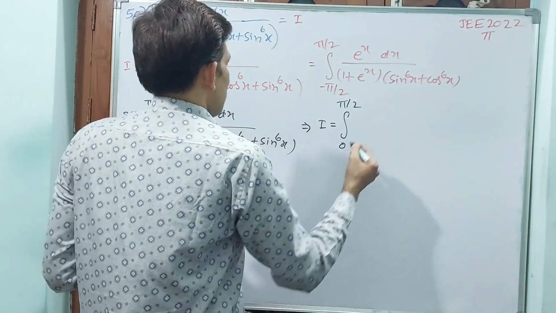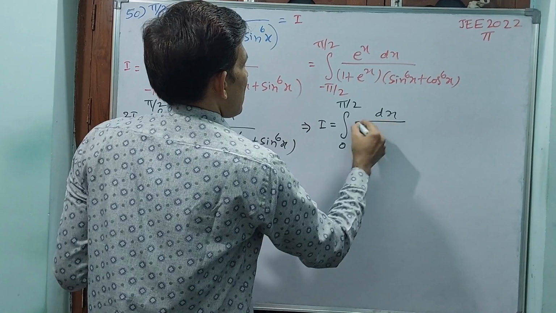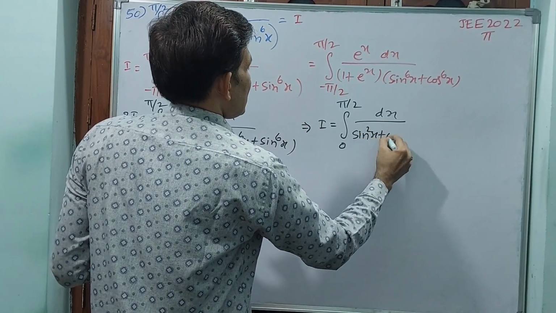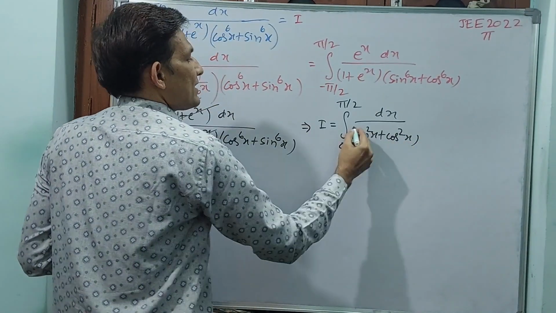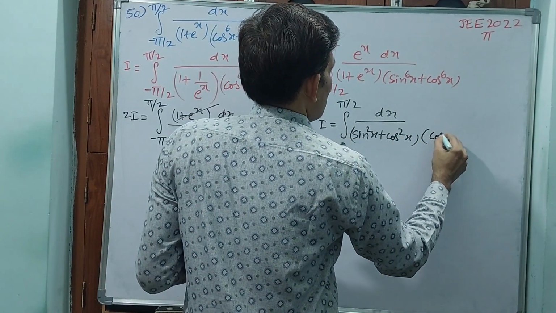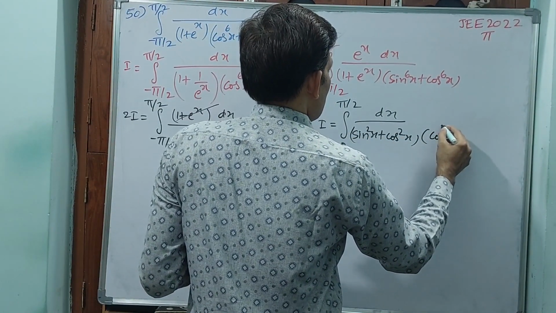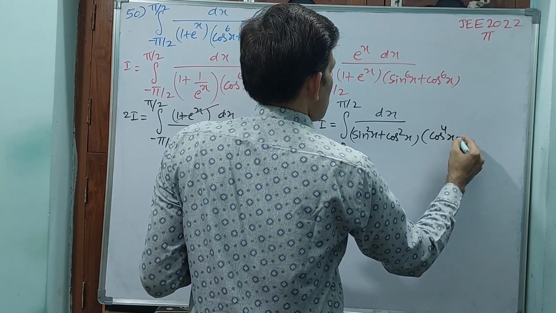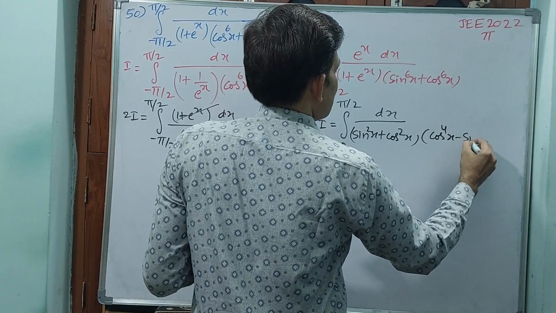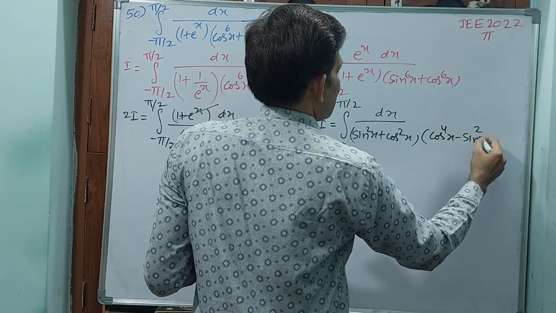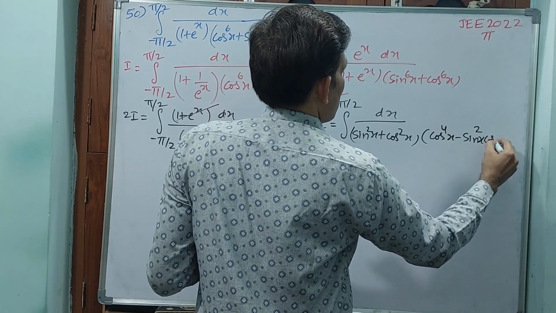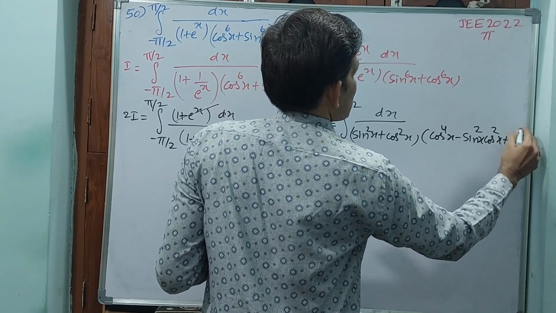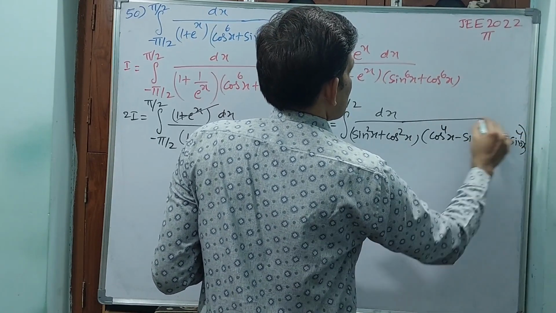Okay, one step I have jumped. dx by (sin square x plus cos square x) into (cos to the power of 4x minus sin square x cos square x plus sin to the power of 4x). Is it okay?